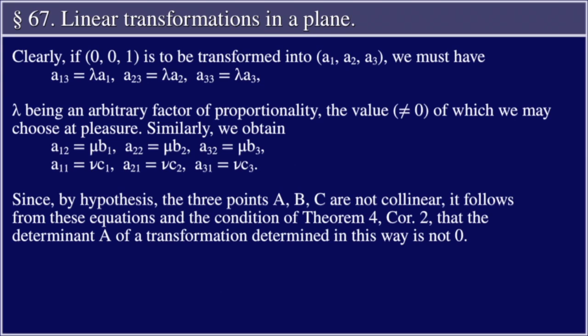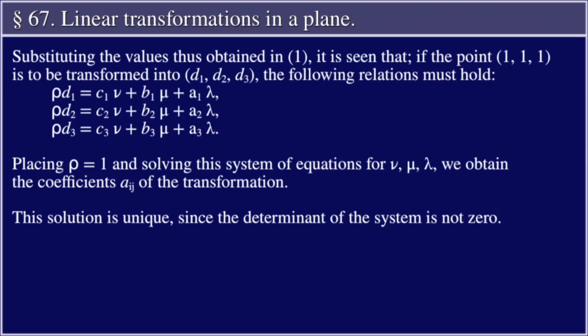Since, by hypothesis, the 3 points A, B, C are not collinear, it follows from these equations and the condition of Theorem 4, Corollary 2, that the determinant A of a transformation determined in this way is not 0. Substituting the values thus obtained in 1, it is seen that if the point (1,1,1) is to be transformed into (D1, D2, D3), the following relations must hold.